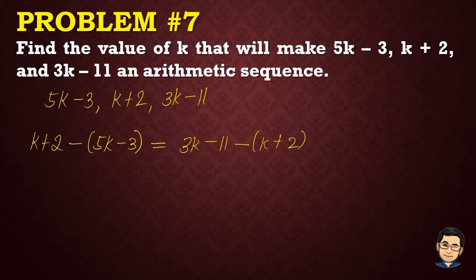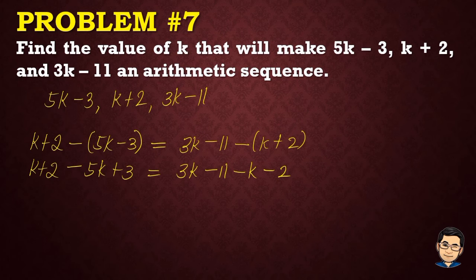So, dahil pareho lang naman yung common difference, equate natin sila. Okay, and then, k plus 2 minus 5k plus 3 equals 3k minus 11 minus k minus 2. So, yung technique natin dito kapag nagma-minus tayo, mag-change yung sign ng subtrahend, o kaya kung ano man yung mga terms na nasa loob ng parenthesis.